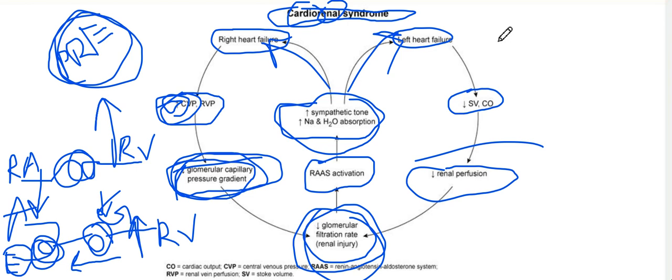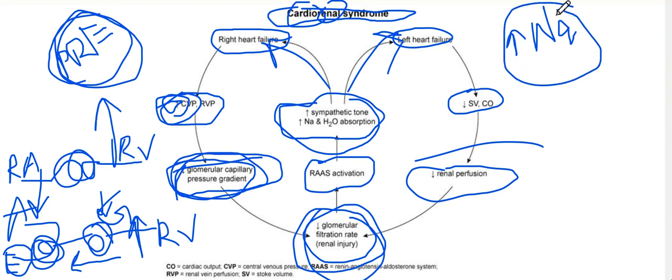So the two things that are causing the main condition: in this condition there is not complete renal failure, it is actually pre-renal failure. When there is pre-renal failure, there is increased sodium absorption, and with increased sodium absorption there is decreased sodium in the urine.